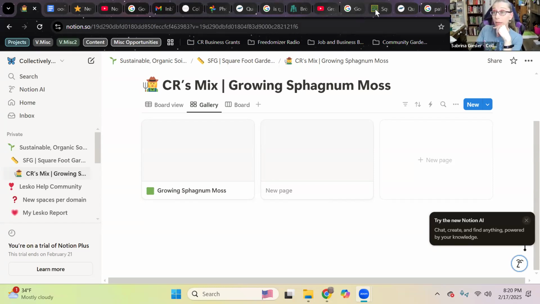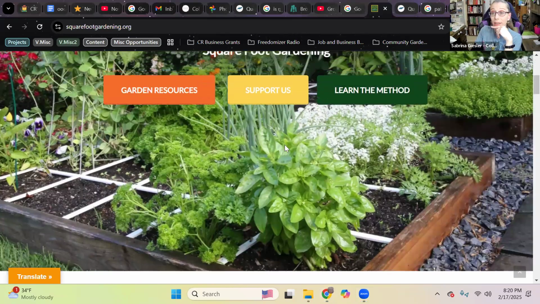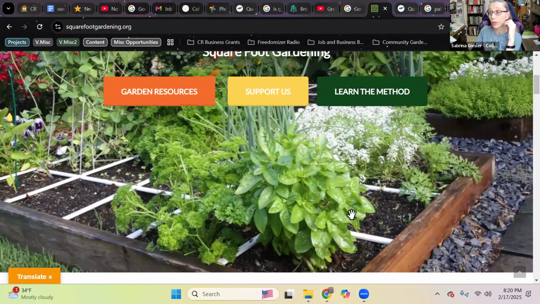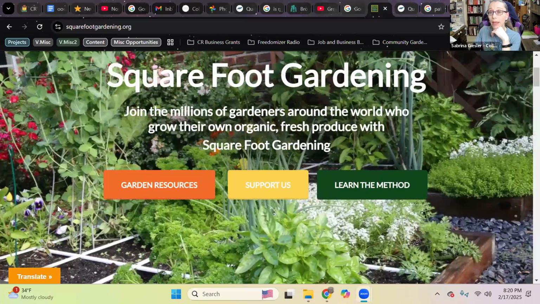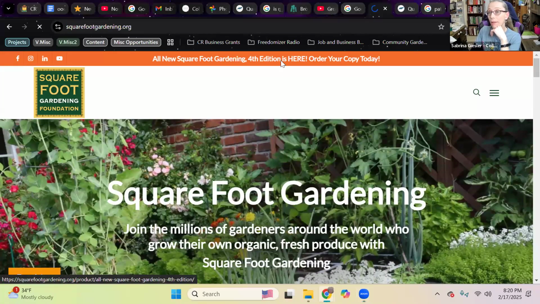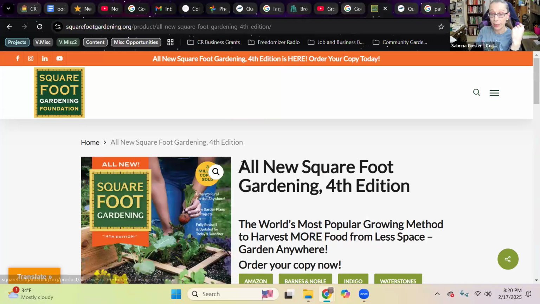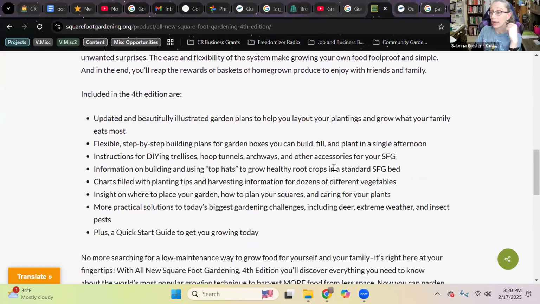And just so that everybody knows where this is all at, square foot gardening is a really neat methodology, really worthwhile topic to tear apart. Here at the squarefootgardening.org website, they have also unveiled the 4th edition of the square foot gardening printing, and it does have some new information in it, so it is worth going and getting.